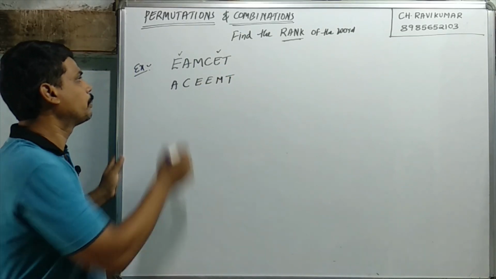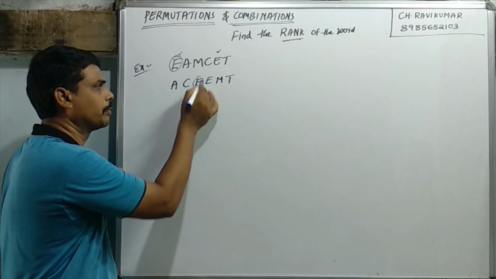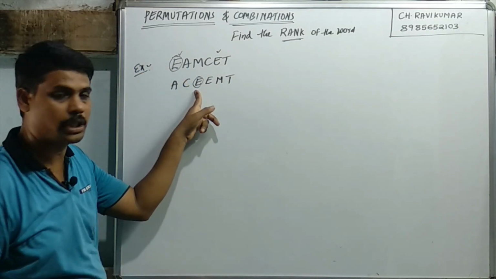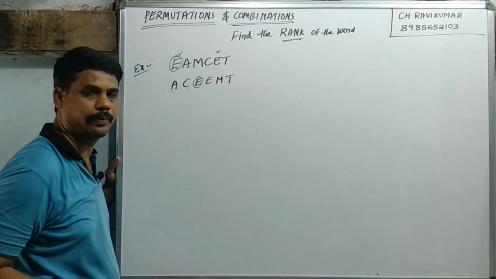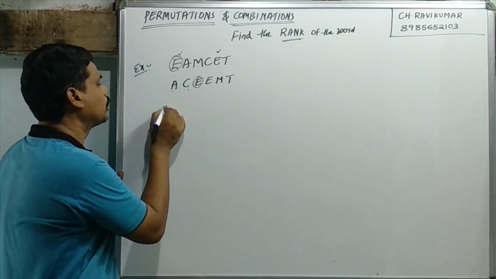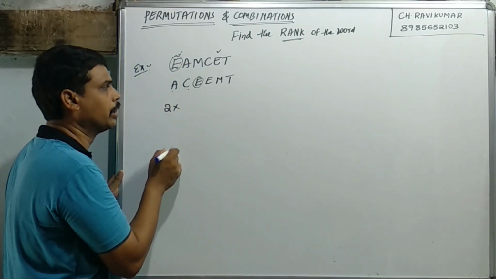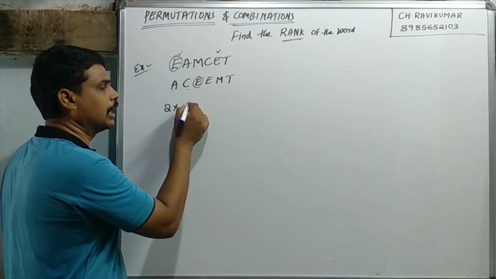So the first letter is E. I have to take the first E only. Here there are 2 letters, A and C, so 2 into 5 factorial.